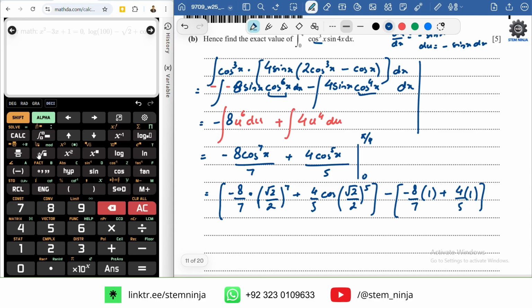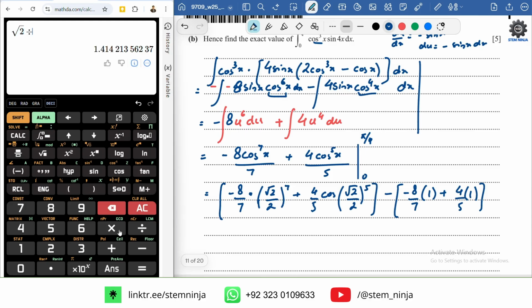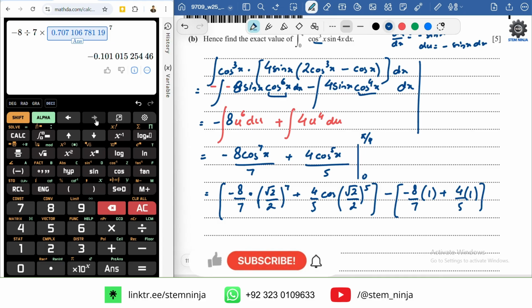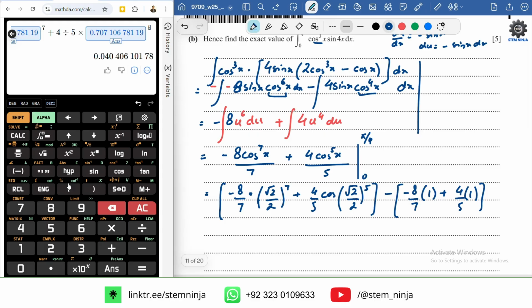Okay, so root 2 divided by 2, we save it like this. So minus 8 divided by 7 times the answer raised to power 7, plus 4 divided by 5 times the answer raised to power 5.